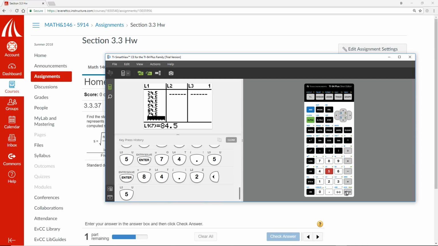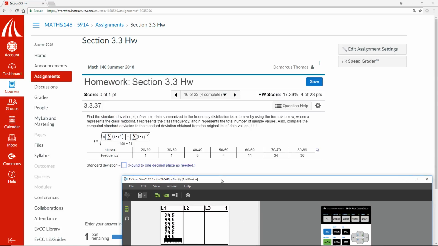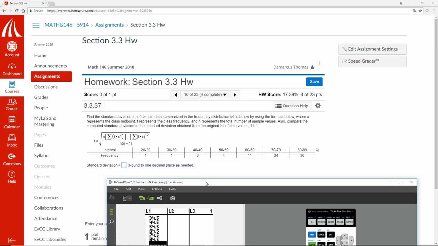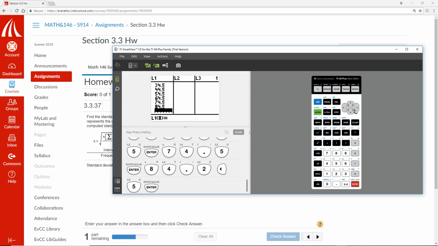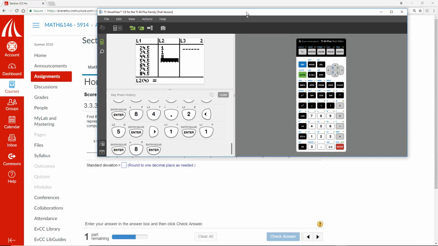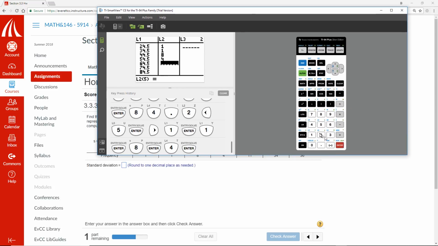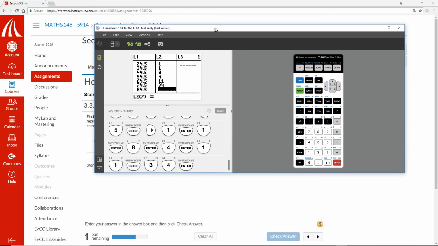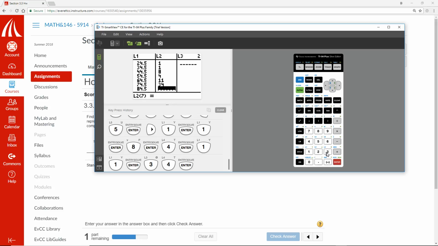So in one column, I've listed all of the midpoints, and in the next column, I'm going to enter the frequencies, so 1, 1, 8, and let's do 11, 34, and 36 to cap it off.